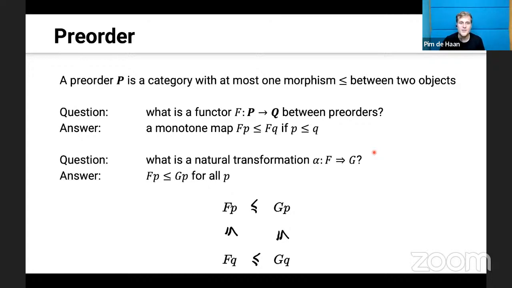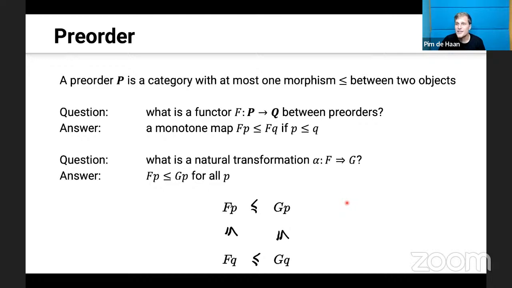A natural transformation from F to G basically just means that the output of F at P is smaller than the output of G for all P. So basically saying that the monotone map F is point-wise smaller than the monotone map G. And you can see that because we require for all objects P a morphism from F of P to G of P. This morphism is just a smaller-than relationship.